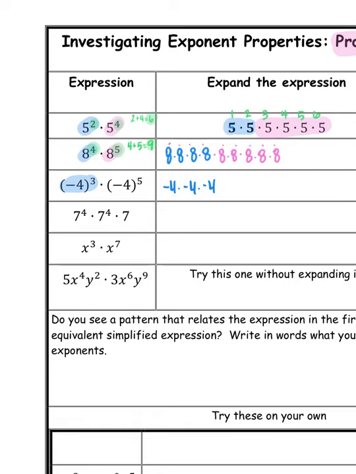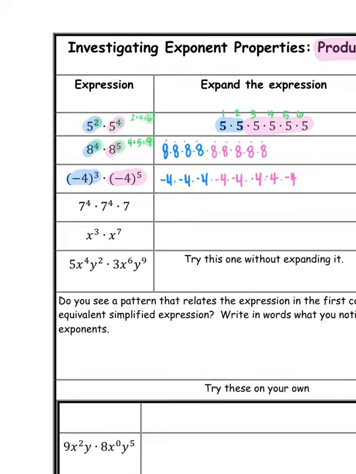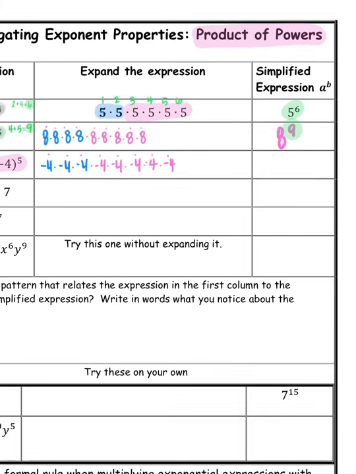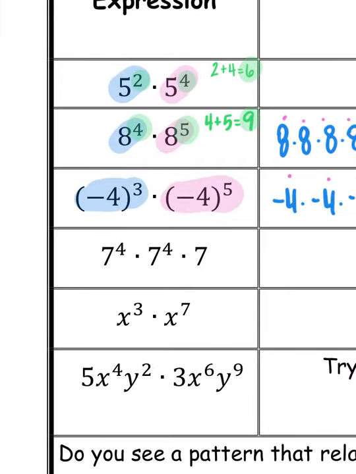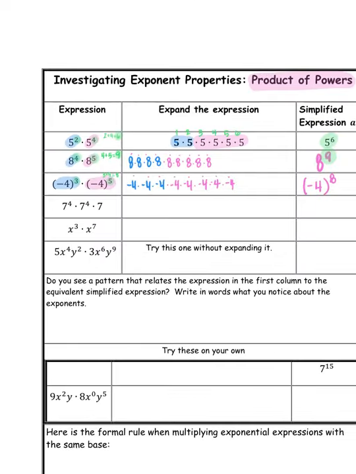And then we have negative 4 to the fifth, which would be times negative 4 five times. So then when we add those, we get 1, 2, 3, 4, 5, 6, 7, 8. And our final answer would be, in parentheses, negative 4 to the 8th. So again, I can go back and show you that all we did was add 3 and 5. 3 plus 5 equals 8. And that's where that 8 would come from.